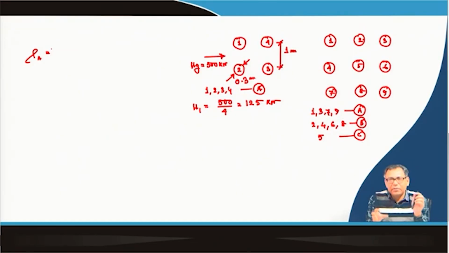That means there will be an interaction between the piles, and because of that interaction the deformation of a particular pile will change or will increase. That means the deformation of one pile will be the deformation of the pile itself plus the deformation due to the other piles.